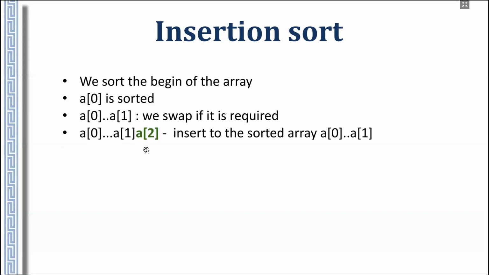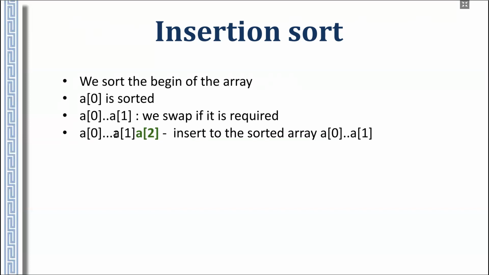So what next? We add A2. Then we have a sorted part A0, A1. We can insert it there. What does it mean? We just swap. As in bubble sort, we check A1 and A2. Which one is bigger? If A1 is bigger, then we keep it in this place.